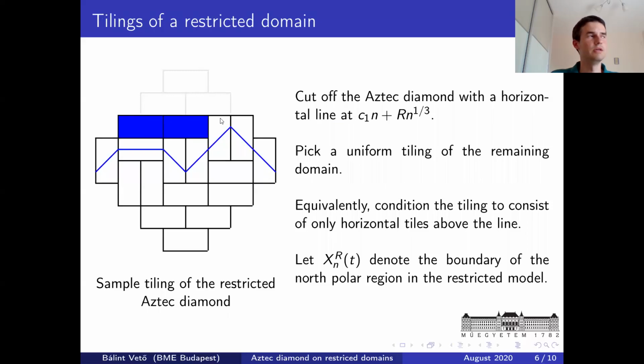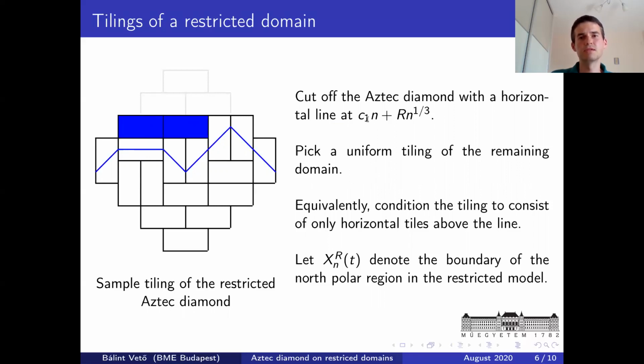Actually, this Arctic circle is modified, and we have a guess what is happening at the point of tangency of the restriction line and this Arctic curve.